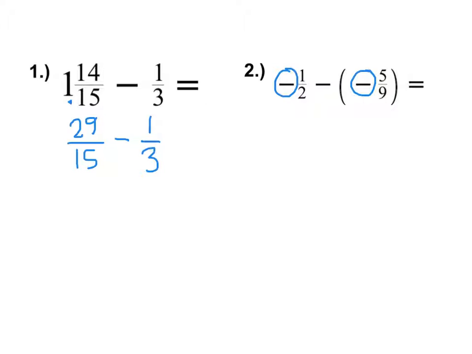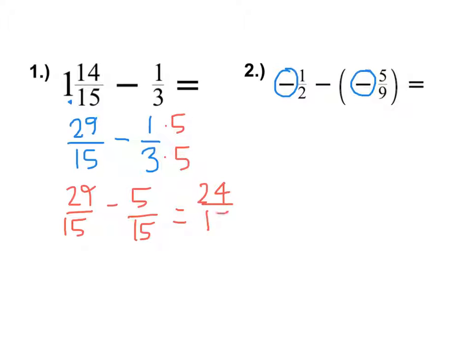The next thing I need to do is find a common denominator. I'm going to multiply the top and the bottom of the second fraction by 5, so I get 29/15, subtract 5/15. Then I'm going to subtract the 2 top numbers, so 29 subtract 5 is going to give me 24/15.